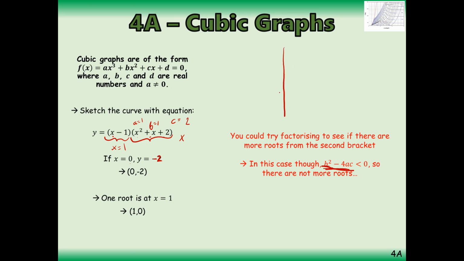So what does this mean in terms of our graph? Our graph is still a cubic, and it's a positive cubic because the coefficient of x cubed is positive. So I write here a is positive. It will have to come somewhere here and somewhere there. But how is it that it will just have one root at 1?